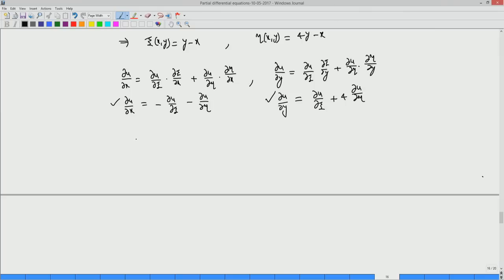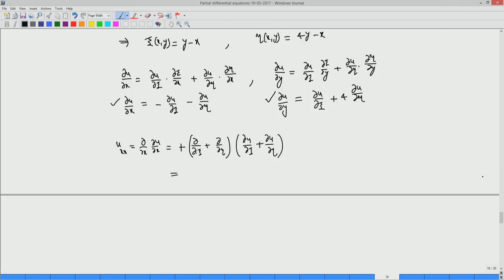So, look at this uxx. To get uxx, that is ∂²u/∂x² of u. If you apply this, ∂x is minus ∂ξ plus ∂η. One more time that, so that will give you minus ∂u/∂ξ plus ∂u/∂η.